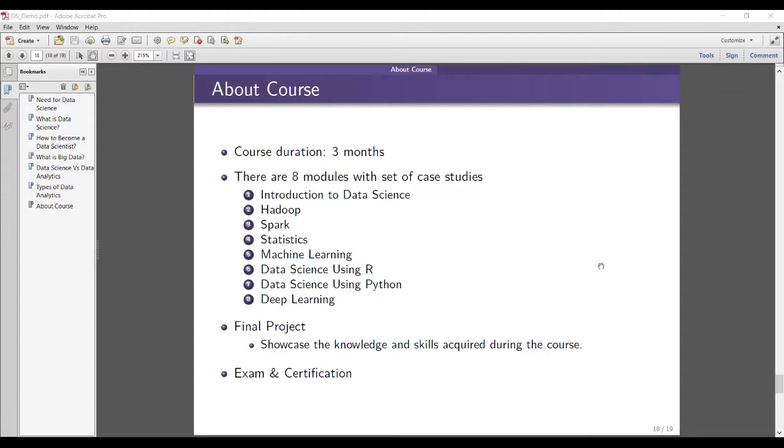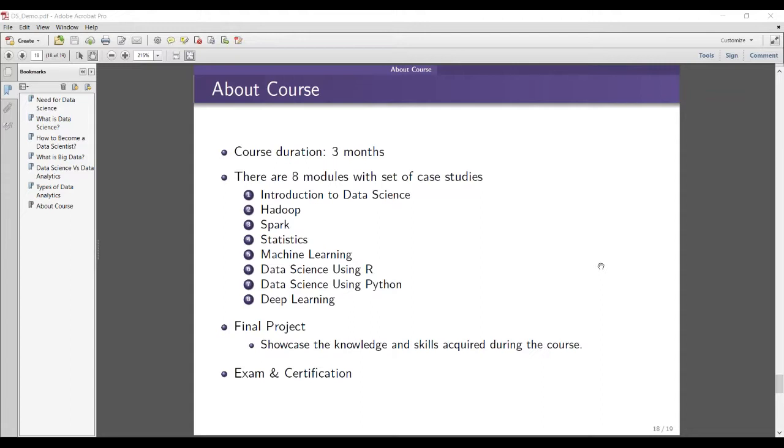So I think you are giving 8 modules in this, right? Which is the major one you are going to cover in the 3 months period? Which is the favorite subject, like Hadoop, machine learning or Python? You are not covering all the things, right?